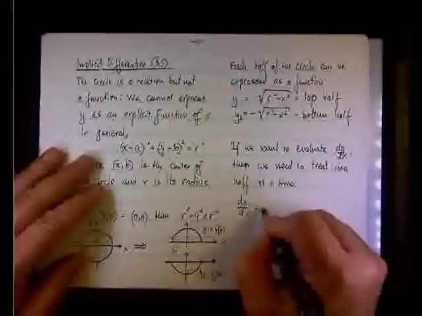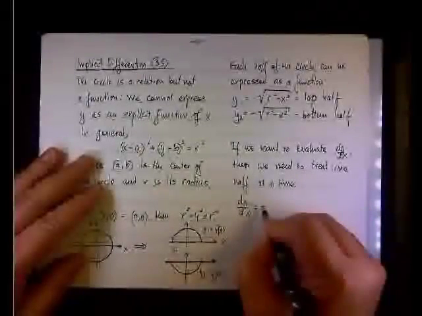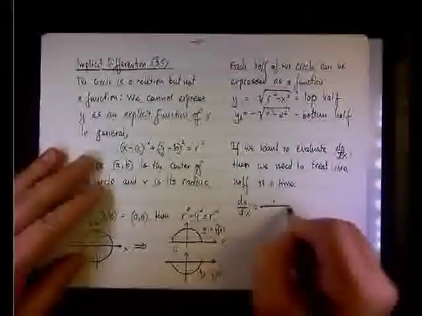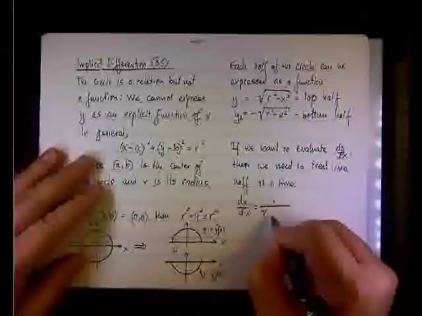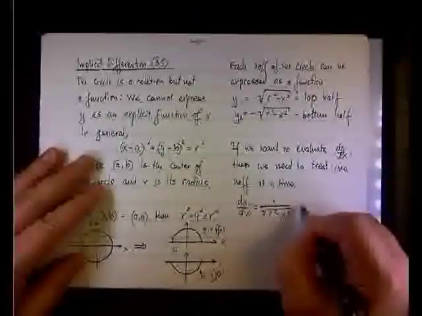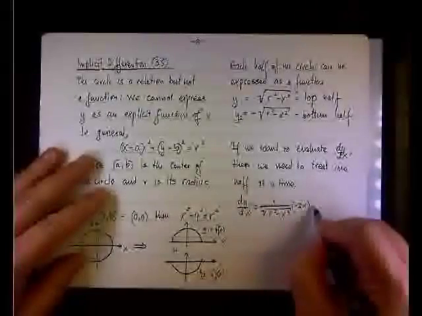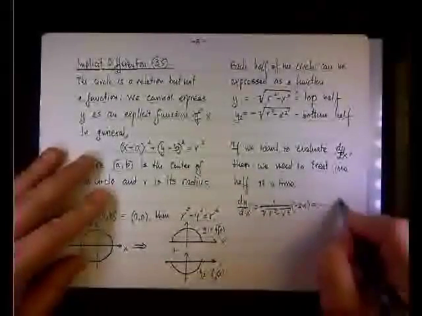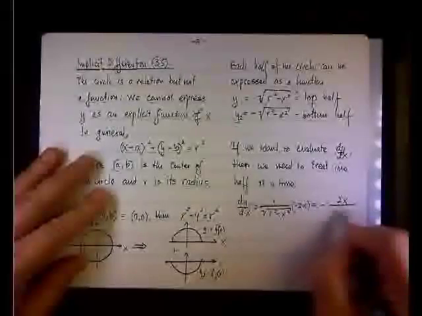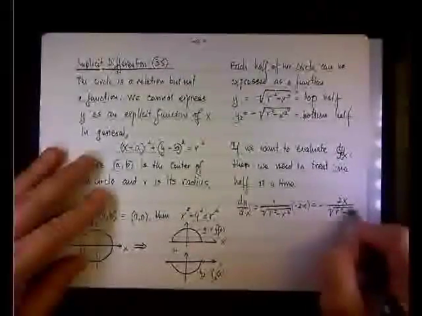So you end up having negative x over the square root of r squared minus x squared.